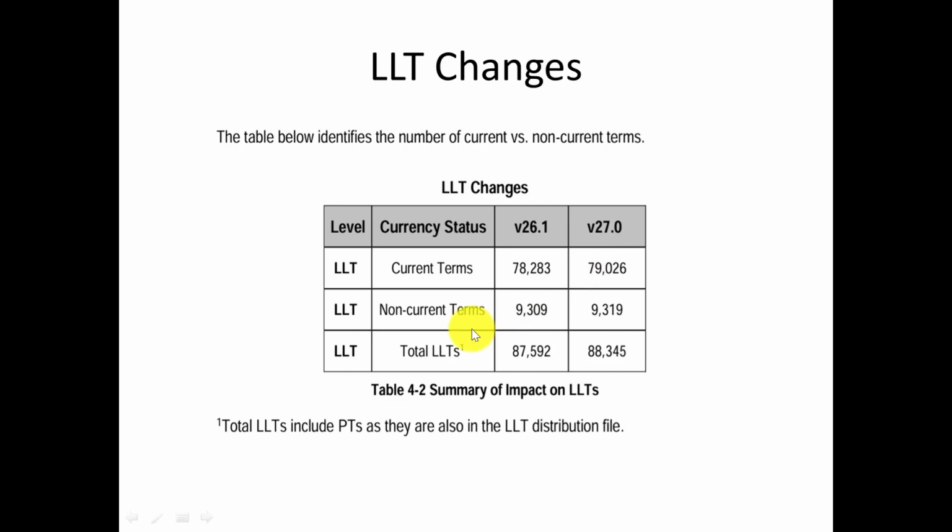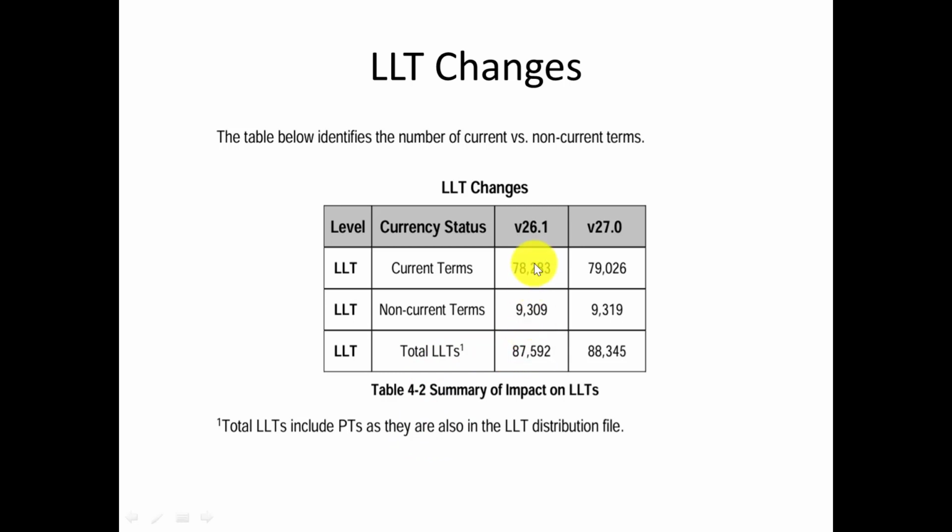Then non-current terms: previously it was 9,309, and now some current terms were changed to non-current, and the number is 10 higher, that is 9,319.